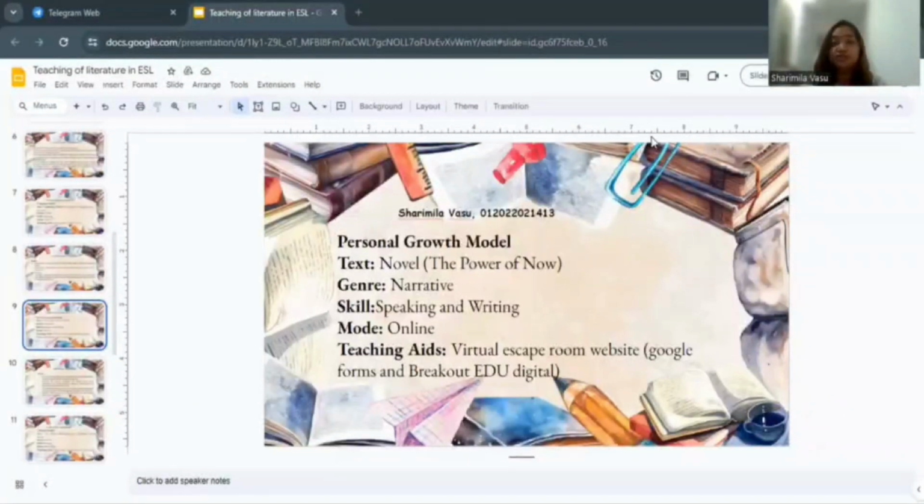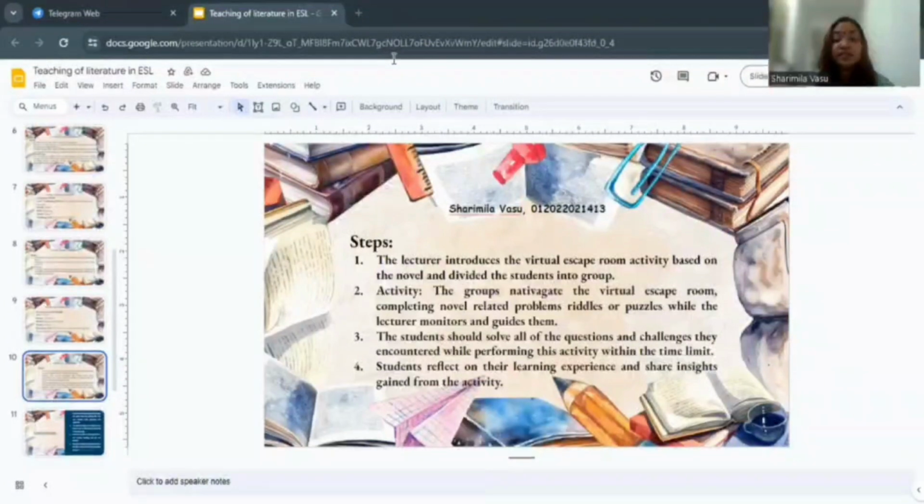The steps are: the lecturer begins the lesson by reviewing key aspects of the novel, including themes, characters, and plot. The lecturer explains the concept of the virtual escape room activity and its objective to the students. The lecturer shares the link to the virtual escape room with students and provides some instructions related to the activity.